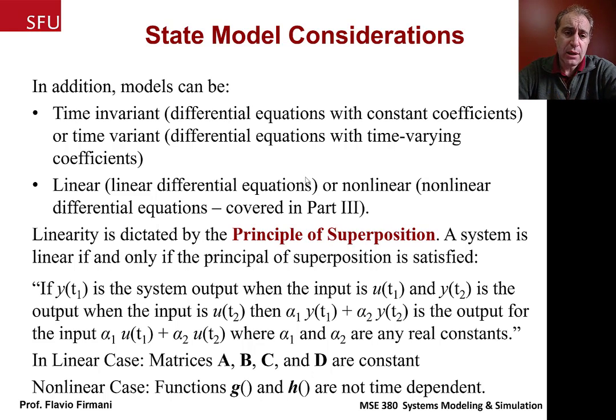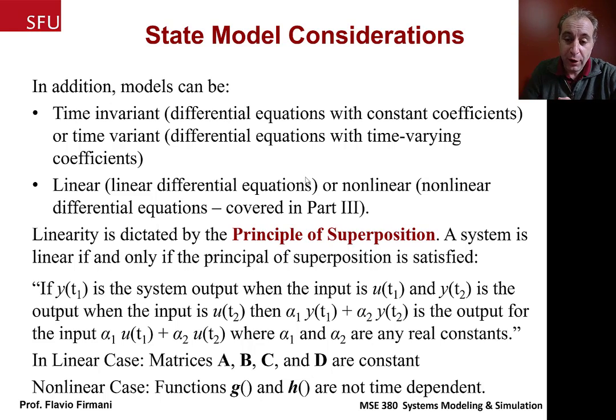So in addition to that, models can be time invariant. In this case, we're going to have differential equations that have constant coefficients, or they can be time variant, where the equations will have coefficients that are changing with respect to time. We can talk about, for instance, the case of the coffee mug that is left outside.